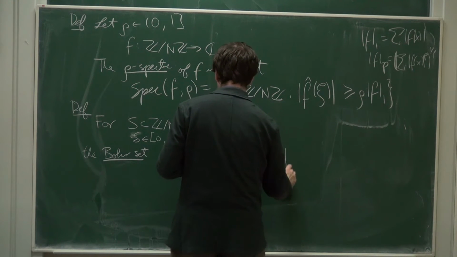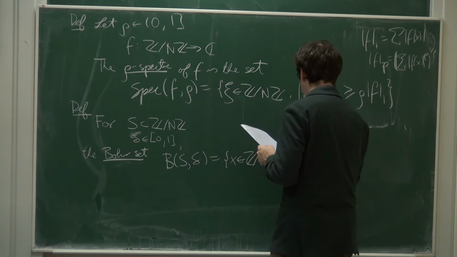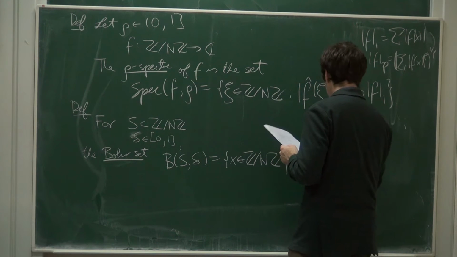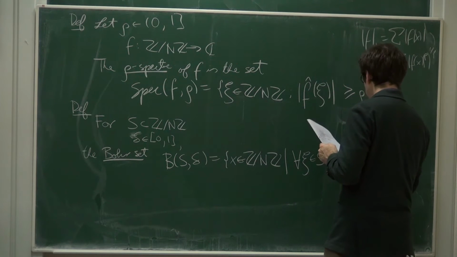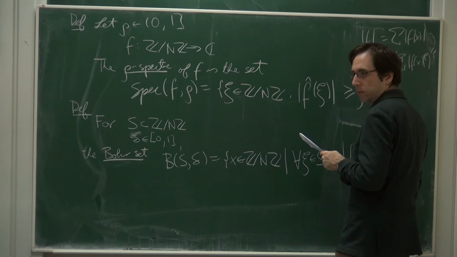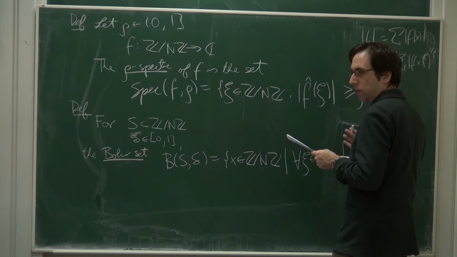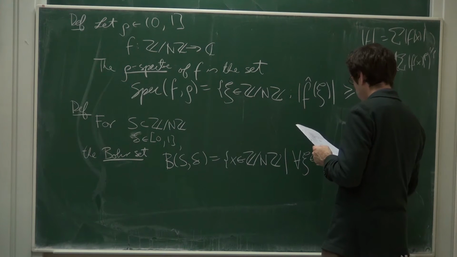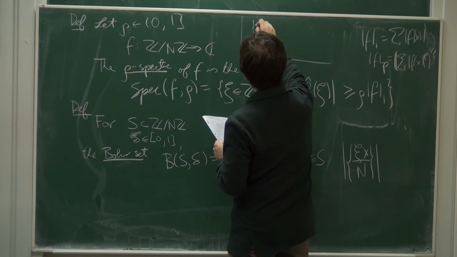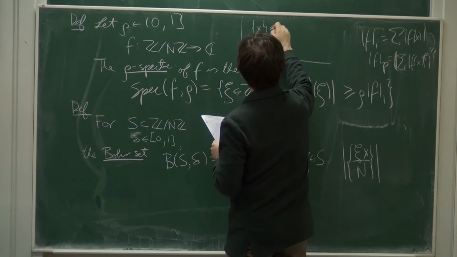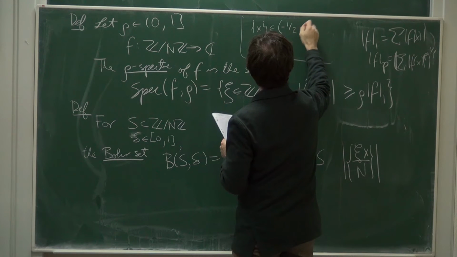It's a set of all x's such that for every frequency psi in S, the absolute value of the fractional part, so it's clear that this means fractional part, right? Meaning the distance, so just to make sure everybody remembers this, this is always the fractional part.